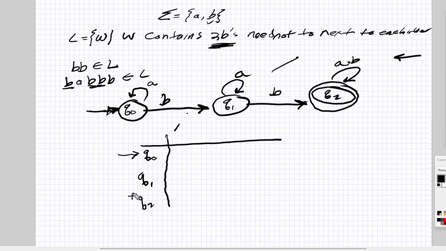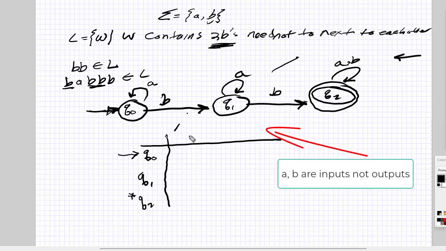Some books show a little asterisk for the final state. Then the inputs are A and B. We read it this way: if we are at Q naught and we read an A, we stay at Q naught. If we are at Q naught and we read a B, we go to Q1.